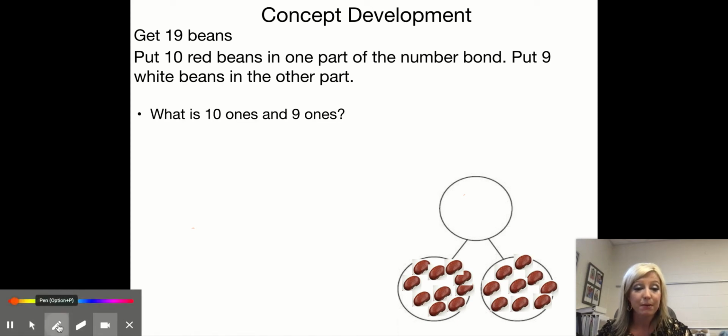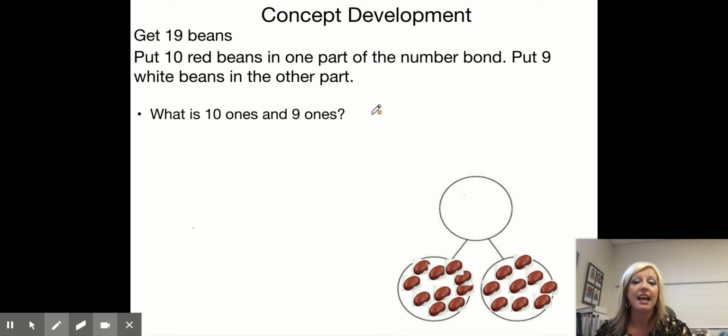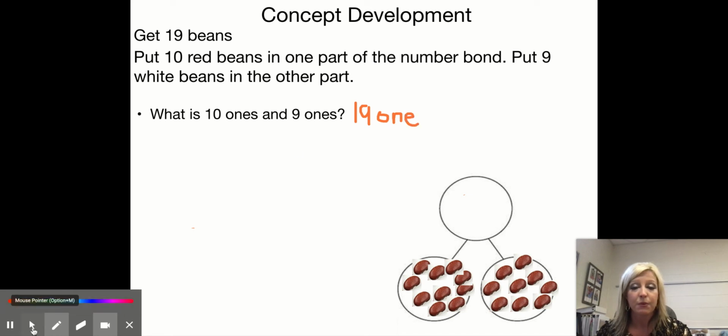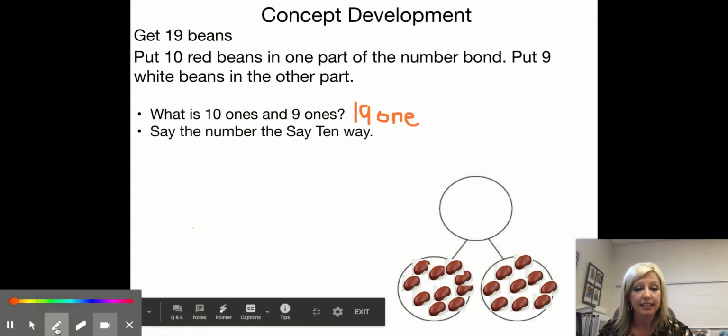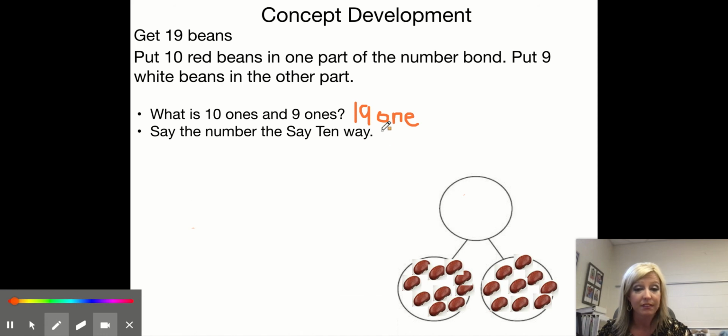Now that you have your number bond done, what is 10 ones and 9 ones? How do we say 10 ones and 9 ones? Very good. We say 19 ones. So 10 ones and 9 ones equals 19 ones. How do we say 19 using the say 10 way?